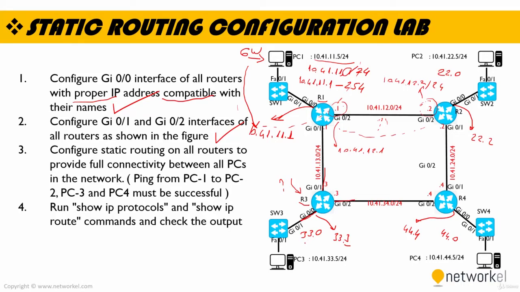So, I don't need to tell router 3 that, hey, if you have a packet whose destination is the 33.0 network, send the packet somewhere. Because the router already knows here. Router says that on my Gig0/0 interface, I already have the 33.0 network.